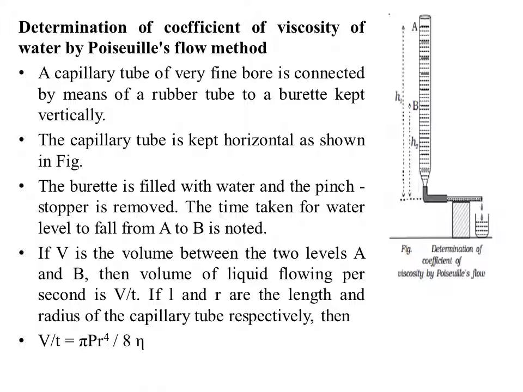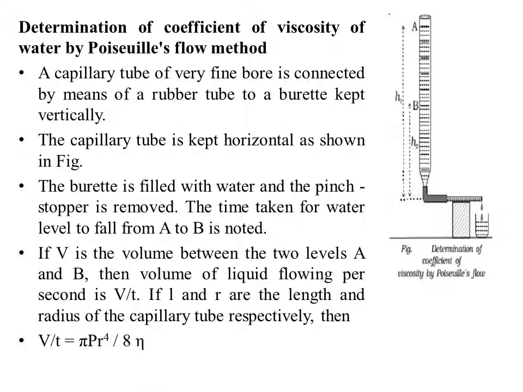You have to determine the time taken by the liquid to travel from A to B, two points which are marked on the burette. If V is the volume between the levels A and B, then the volume of the liquid flowing will be equal to V by T, which is volume by time.